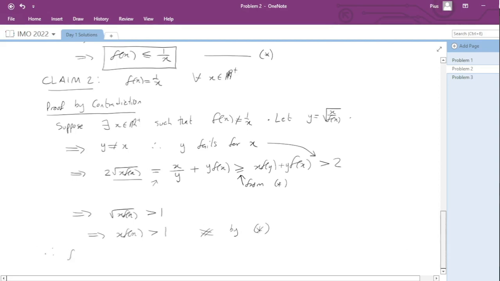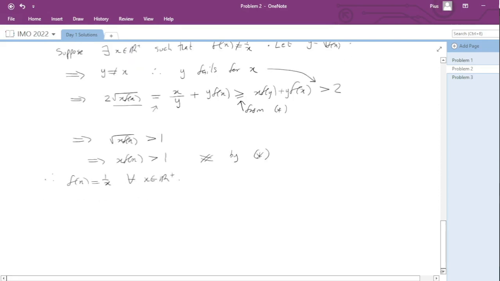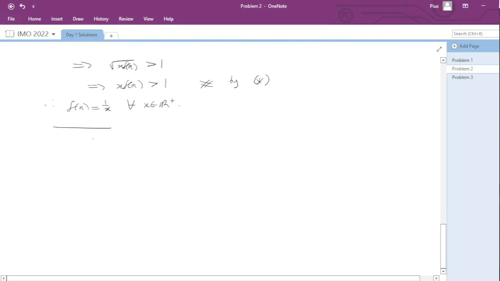Okay, so with this we can conclude that f of x is equal to 1 over x for every positive x. Alright, so now you may think we're done, but almost. That's because it's possible that there are other conditions that might make this not actually work. So we're going to plug this in and see if it satisfies the condition in the problem.